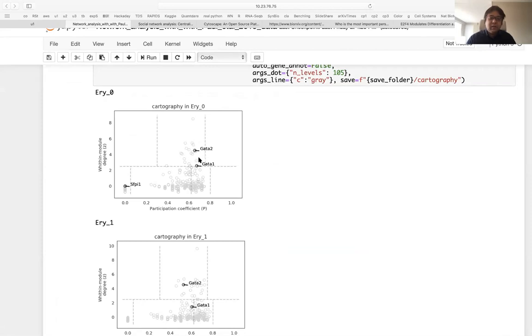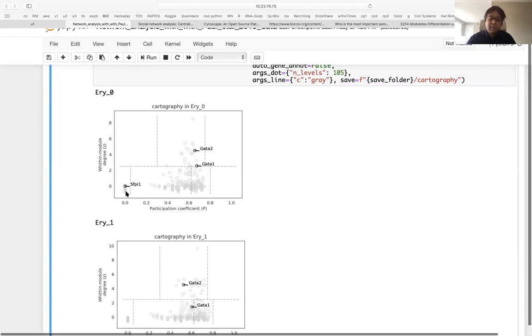This is a relatively important group. If you find your gene in the top right group, it means that this gene is really, really important. But if you find a gene in the bottom left group here, it means your gene has really small connection and is not important.